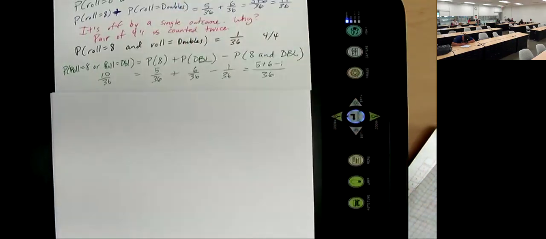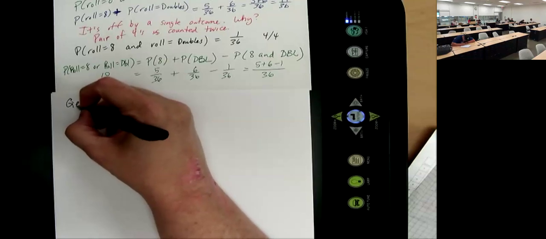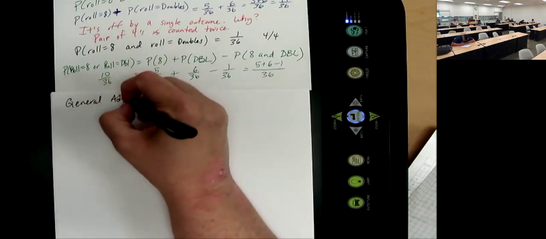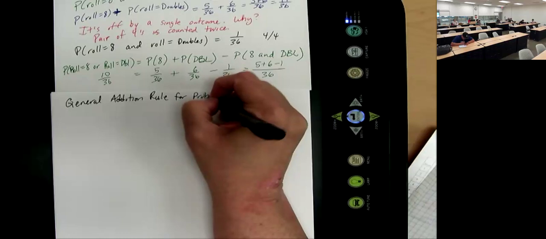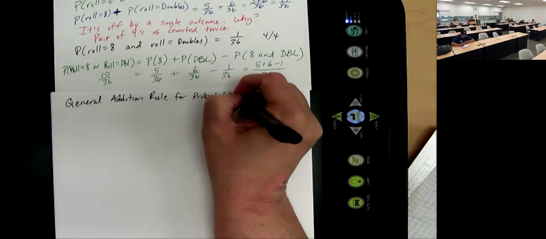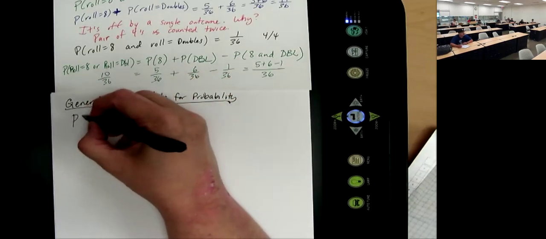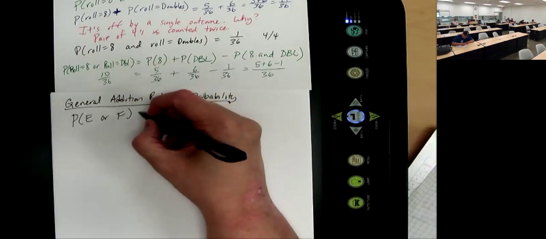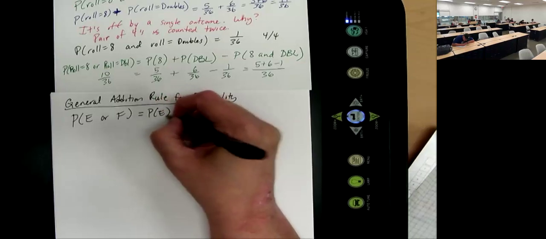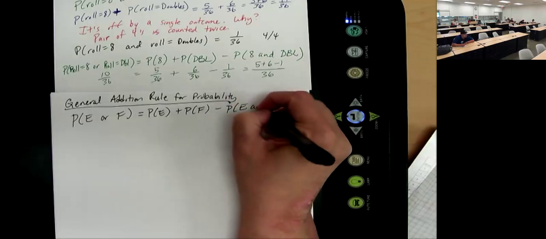Alright, so we have a little pattern here. We can generalize this. It's called the general addition rule for probability. For two events E and F, the probability of E or F is the probability of E plus the probability of F, minus the probability that something is both.